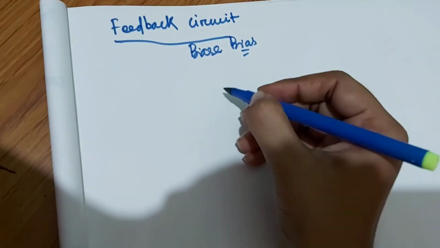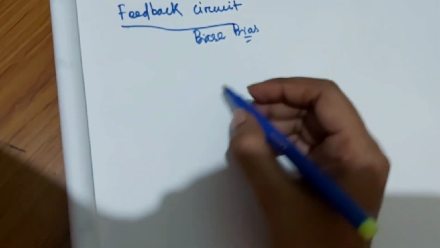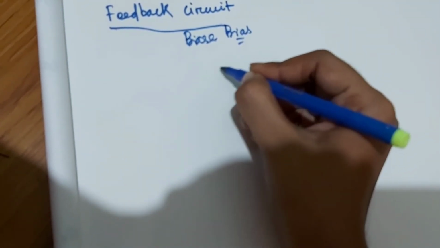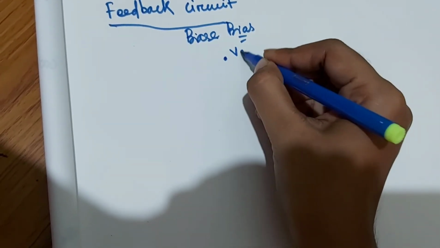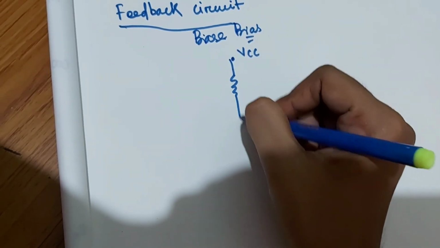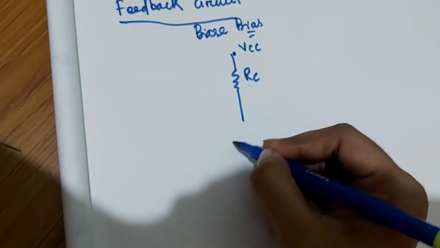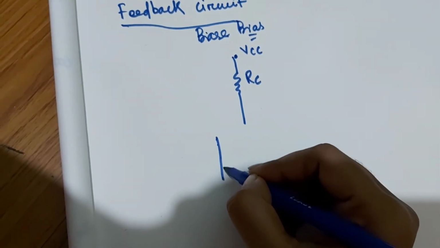In that base biasing, we have a VCC here and we have RC here, and we have the common emitter transistor over here.